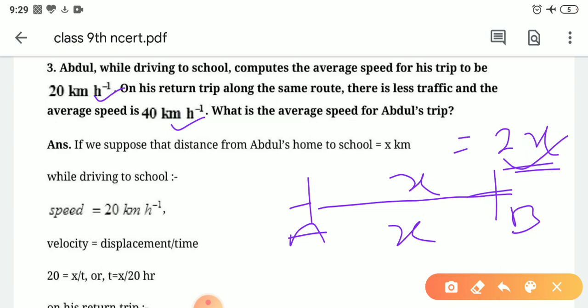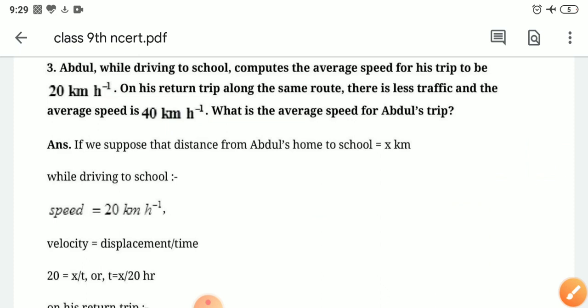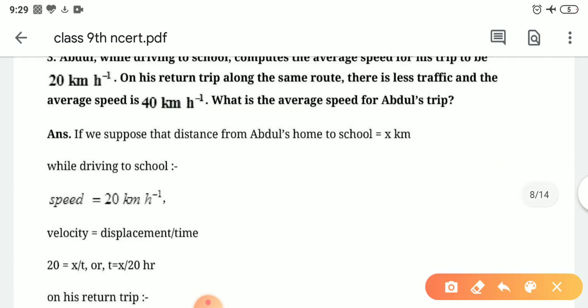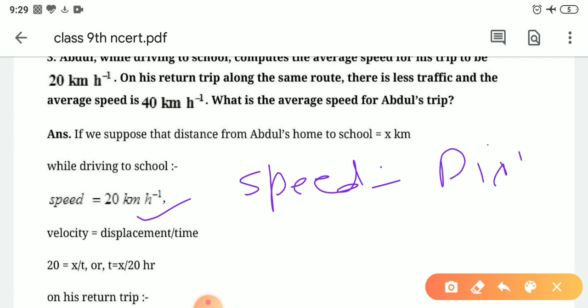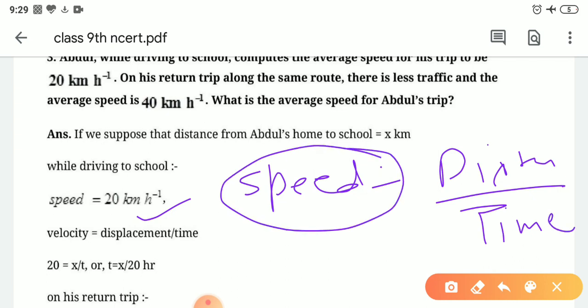Now we have speed 20 kilometer per hour. Now we know one formula. What formula? Speed equals distance upon time. So we have speed, that is 20 kilometer per hour.